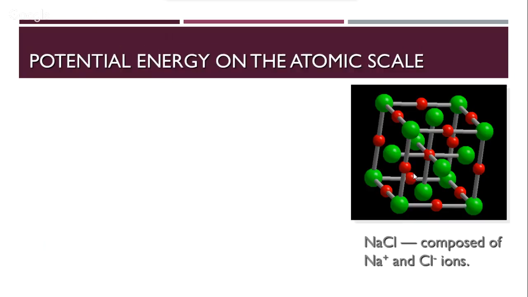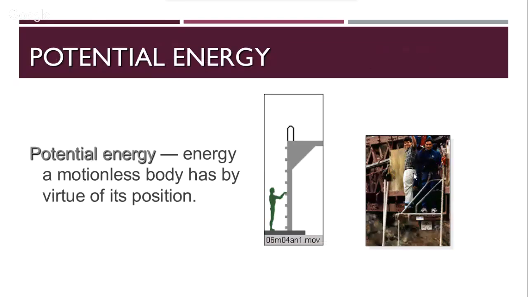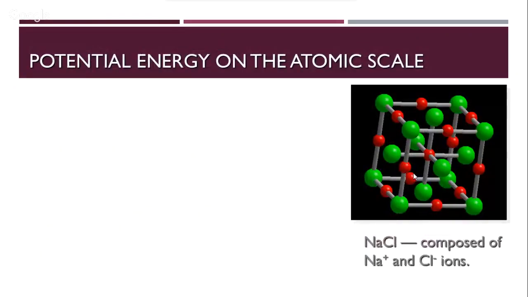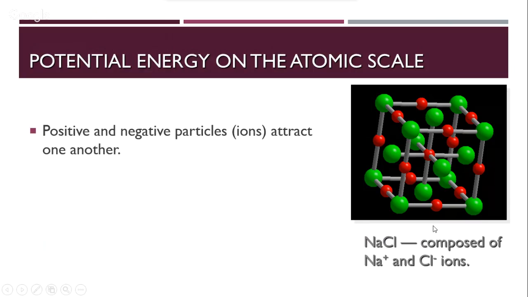So this is the first form of energy, but this is for very large objects. How is potential energy exhibited at the molecular level? At an atomic scale or molecular level, take the NaCl structure that I've shown here. This is the structure of salt. You'll find that Na+ and Cl- are the cation and anion in a salt structure, and they attract each other, and therefore there is some potential energy between them.